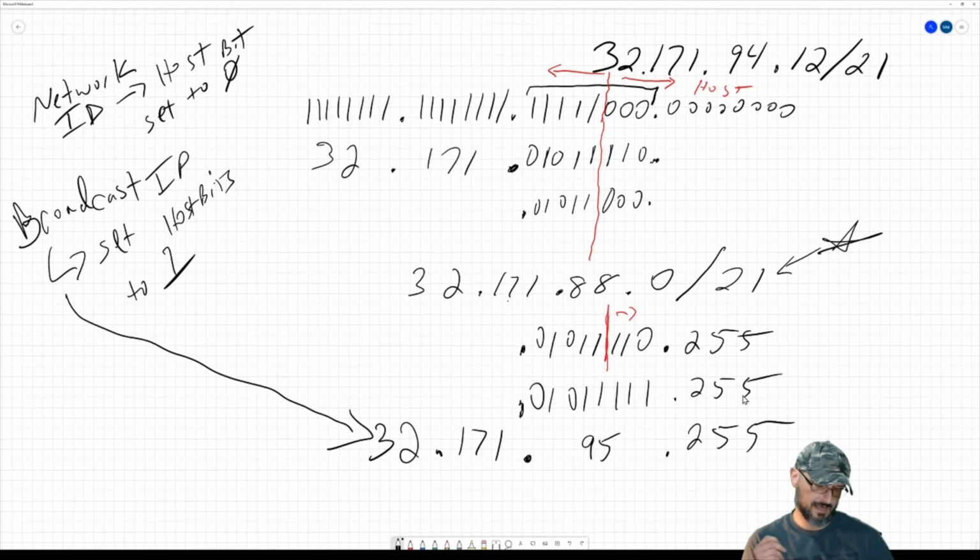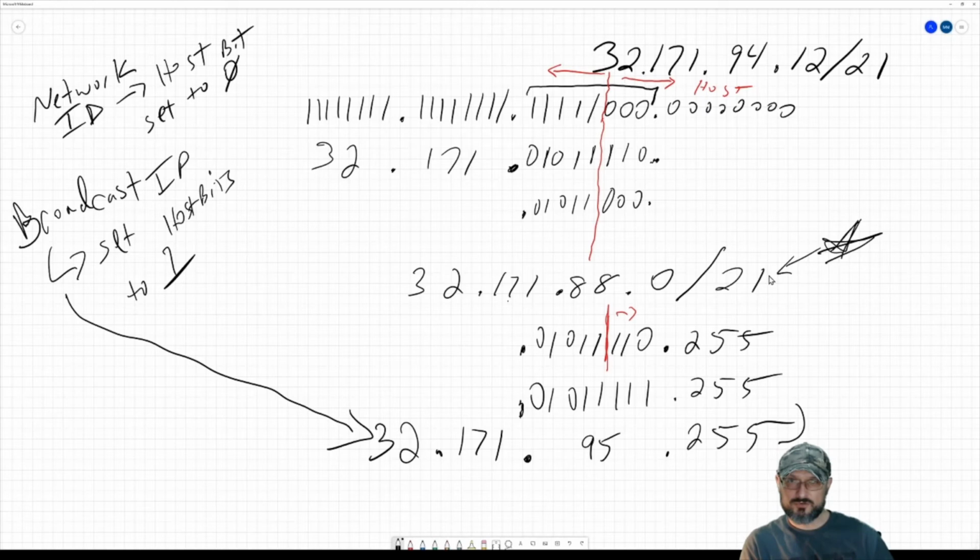You do not need to put that on there necessarily. You could, but you don't really need it. An IP address. This is a network, so it's important. This is an IP address. Granted, this is also an IP address, but you're specifying a broadcast IP versus a network identification.